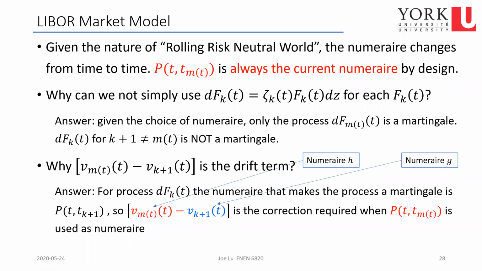Then all the other points have a drift, until the switch is made, then another forward rate will follow a martingale process, and all the other ones would then also have a drift. Okay, so at any point in time along the entire curve, there's only one point that follows a martingale process with no drift. All the other points will have drifts.